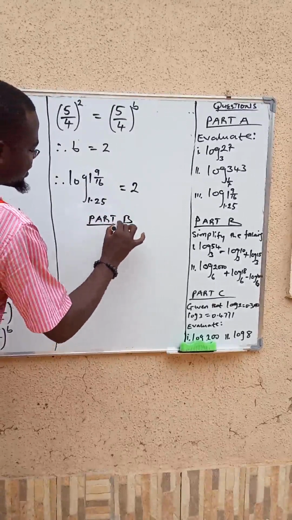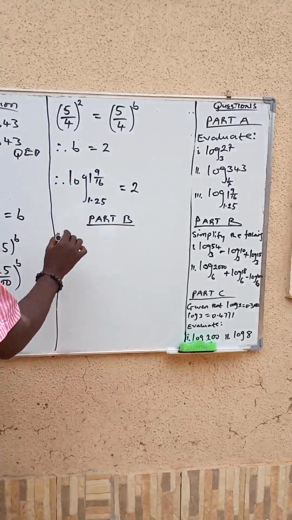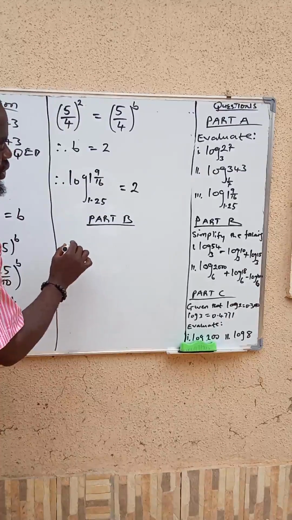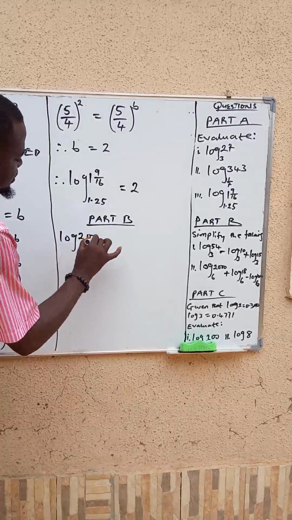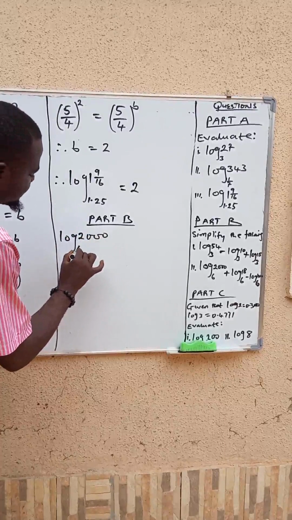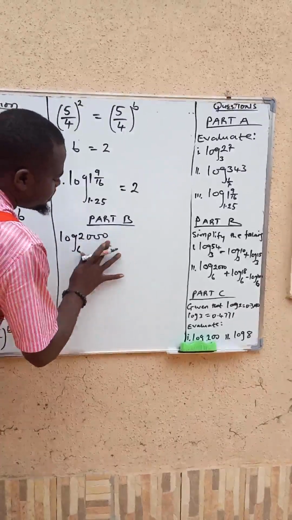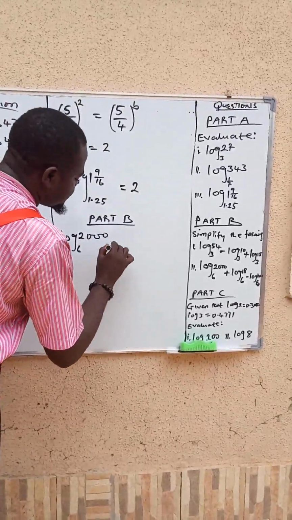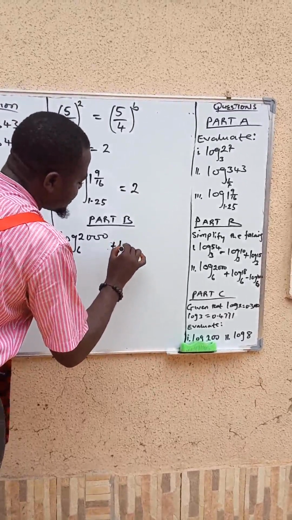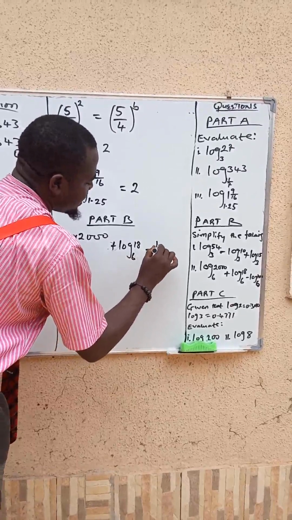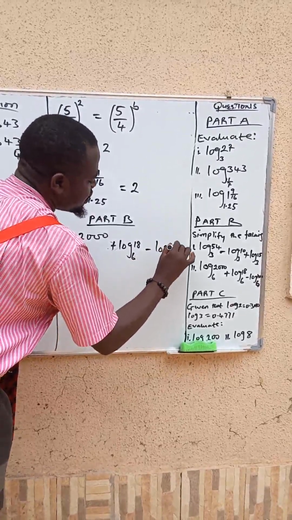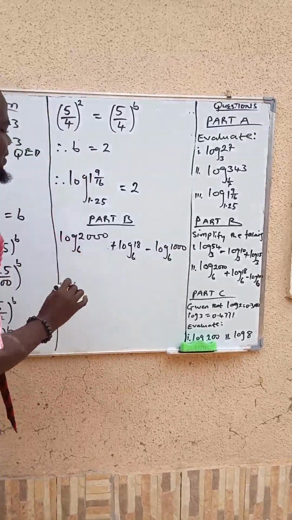Part B. Now what they are saying is this: we're given log 2000 to base 6 plus log 18 to base 6 minus log 1000 to base 6.